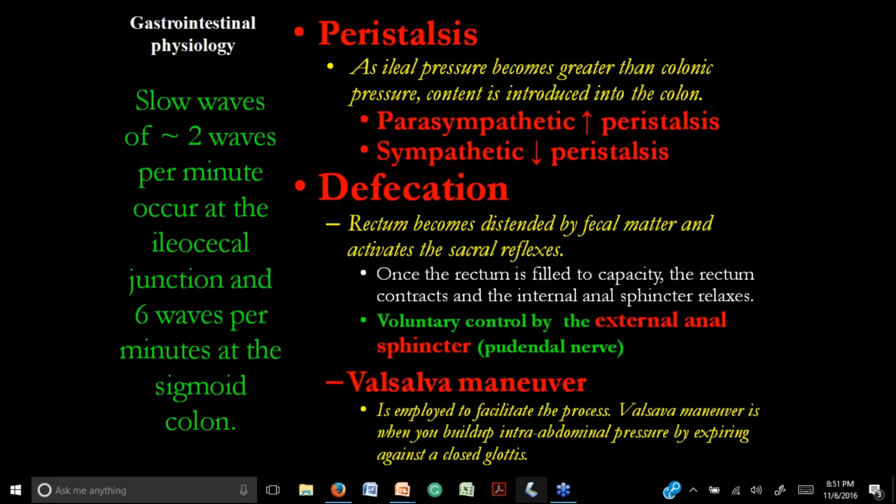Peristalsis. Where does peristalsis start? Peristalsis is going to start since you are actually swallowing. When you swallow, it's like if you shake the blanket of your bed. If you shake the blanket, it is going to make some waves, right?